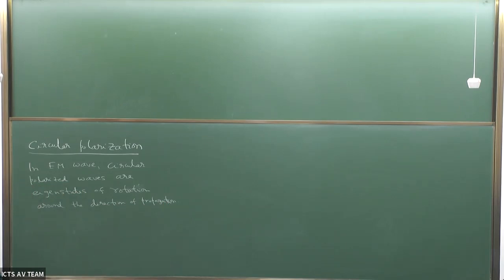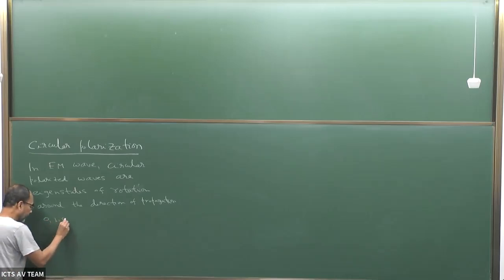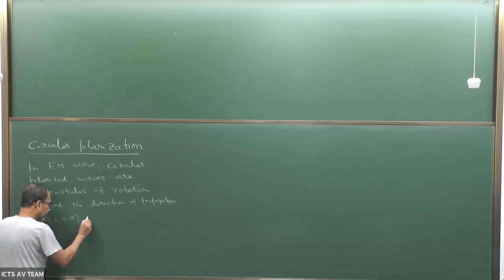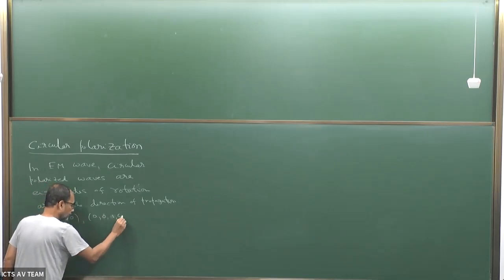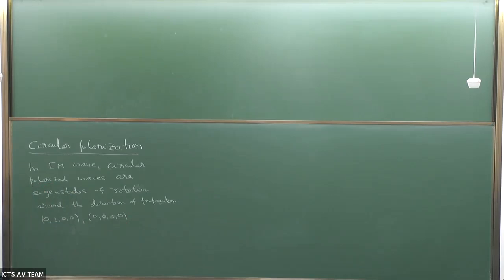Okay, so let me explain what this means. Let's suppose that you have two vectors. These are the two independent polarization vectors, if the wave is propagating along the third direction.